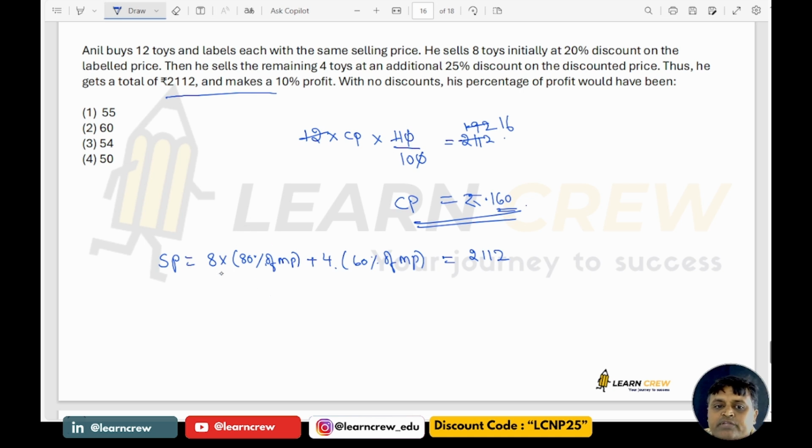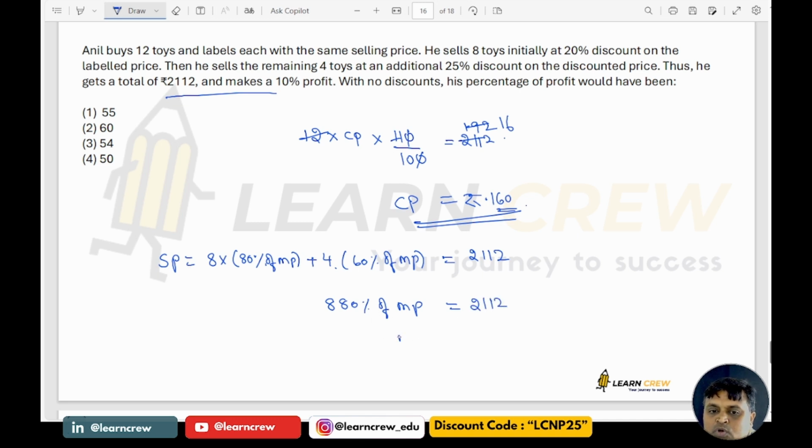So from this, what you are going to get? 8 into 80%, 640. 640 plus 240, which is 880 percent of market price. 880 percent of market price is 2112.